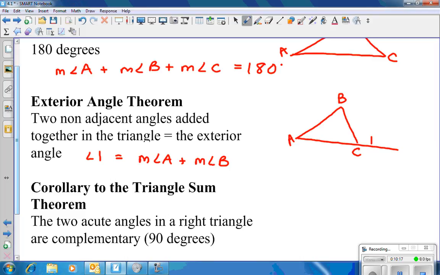Well, 180 equals all three of those angles added together. So that's where it comes from. But angle A plus angle B, if you add those together, you can get the exterior angle of angle C.